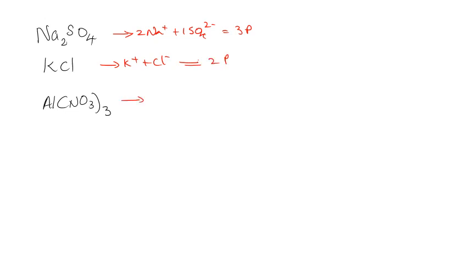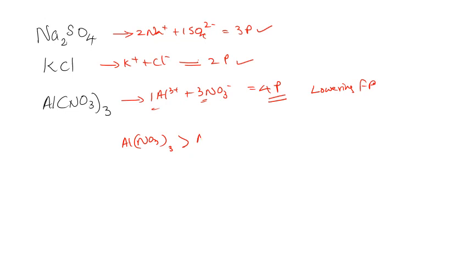In this case, we have one aluminum ion and three NO3 minus ions, that means 3 plus 1, 4 particles. So 4 particles, the greater number of particles, will have more effect on lowering the freezing point. So it will have the lowest freezing point, and then 3 particles, and then 2 particles. So first Al(NO3)3 will have the most effect on lowering the freezing point, and then Na2SO4, and then KCl, right?